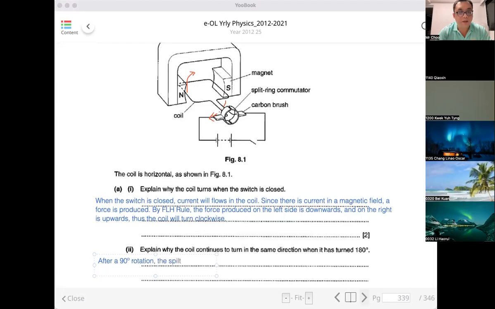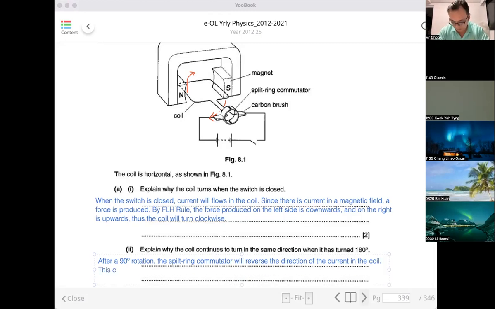What happens is the split ring commutator will reverse the direction of the current in the coil. Not in the circuit, but only in the coil. Is that clear so far? So after a 90 degree rotation, the split ring commutator will reverse the direction of the current in the coil.